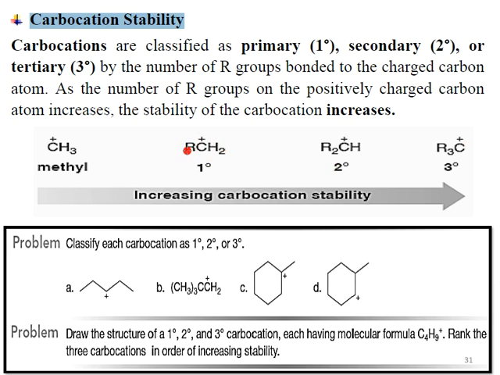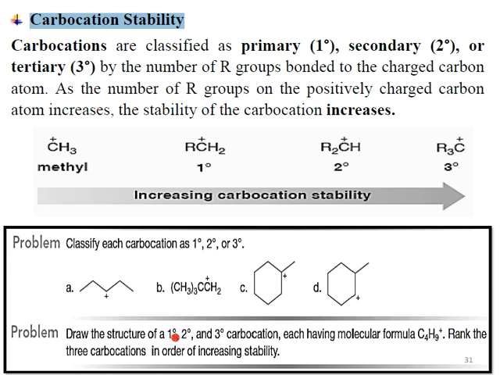And here it says classify each carbocation as primary, secondary, or tertiary. This carbocation, is it primary, secondary, or tertiary? And this one? And draw the structures of primary, secondary, and tertiary carbocations, each having the molecular formula C4H9 positive, with the positive charge on the carbon atom.